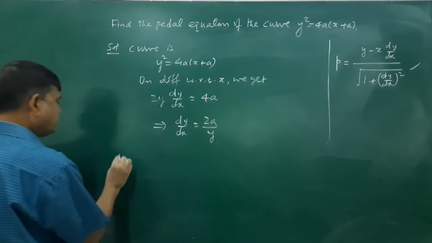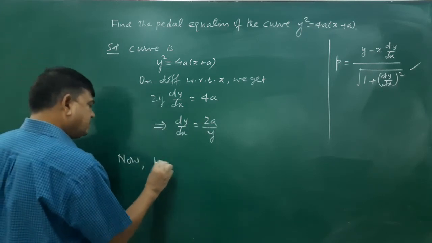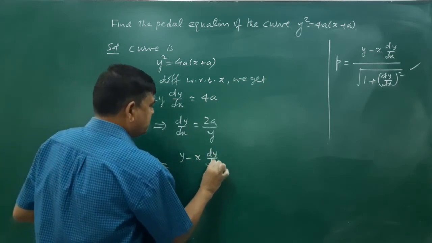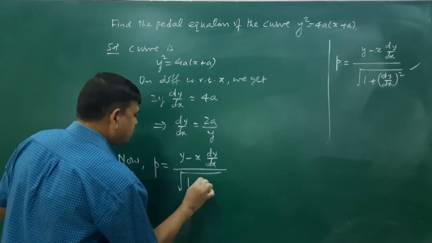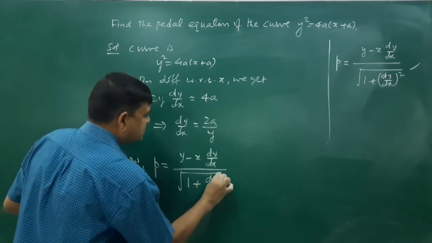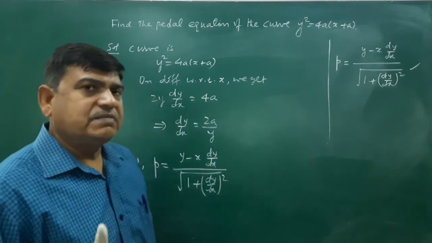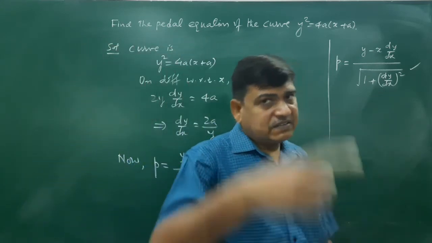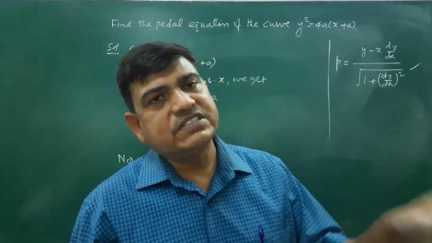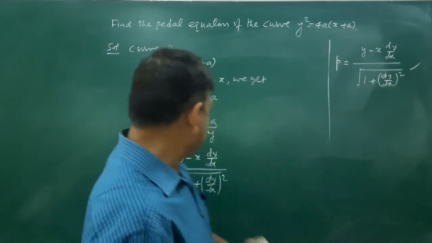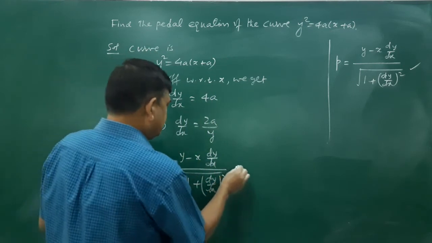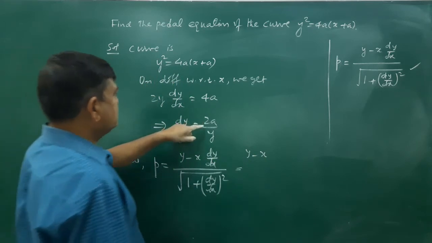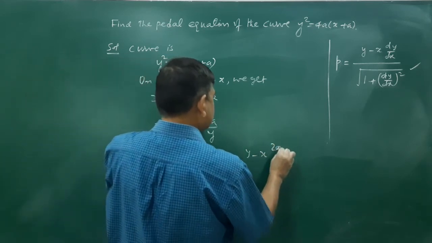Okay, now P equals y minus x dy by dx upon under root 1 plus dy by dx whole square. फॉर्मूला यदि आपको याद नहीं रहता है तो मैंने आपको बताया किस तरह से इसको याद रखना है। टेंजेंट की इक्वेशन लिख लो और ओरिजिन से उसके ऊपर परपेंडिकुलर ड्रॉप कर दो, उससे ये वाला फॉर्मूला बन जाएगा। This is y minus x dy by dx is 2a upon y.